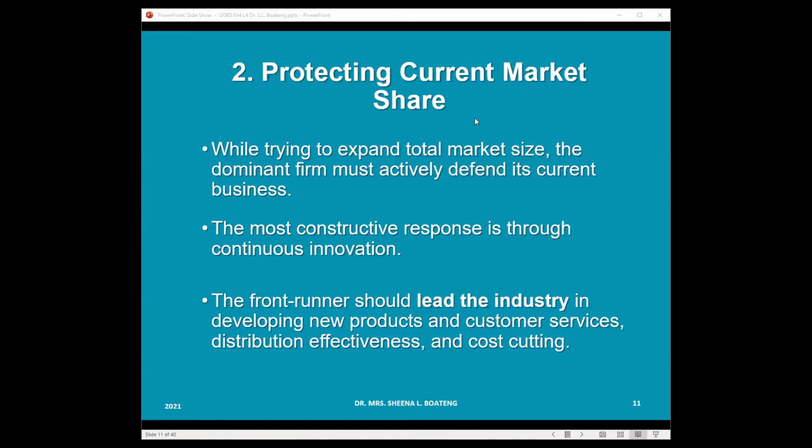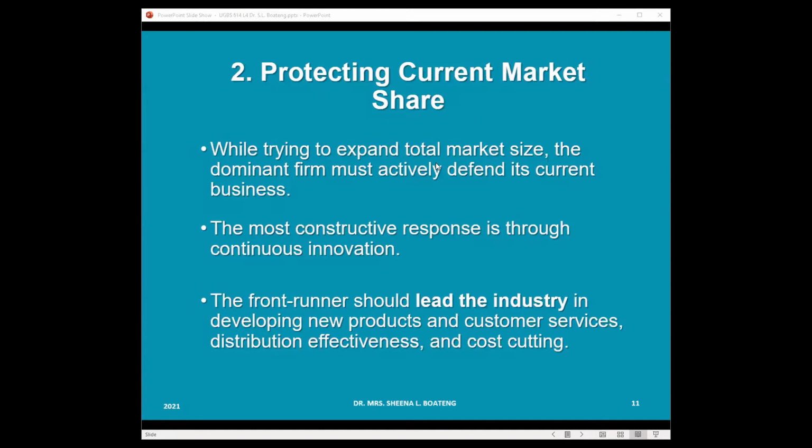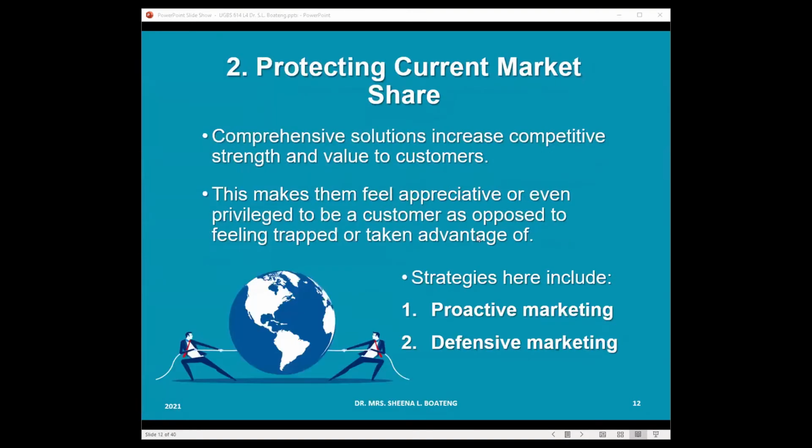So protecting the current market share begins from being innovative and maintaining that level of innovation as a market leader. So that being said, there are various strategies that market leaders can use to be able to protect their current market share. And these are in twofold, including one, using proactive marketing techniques, or two, using defensive marketing techniques.